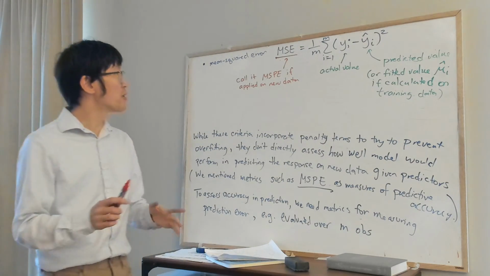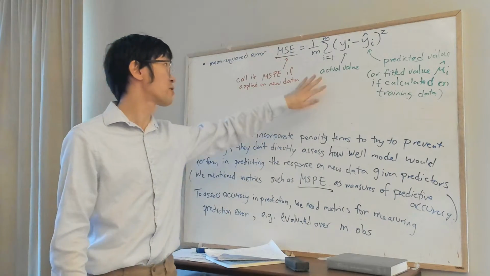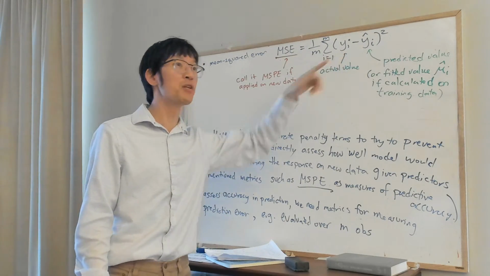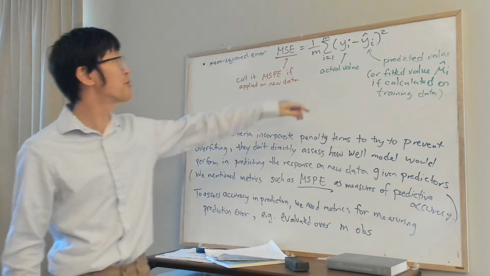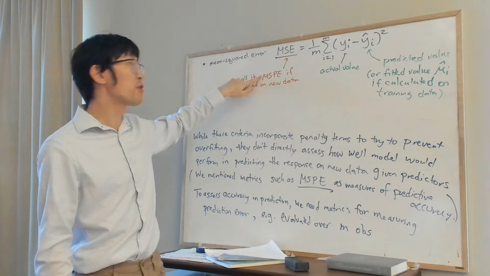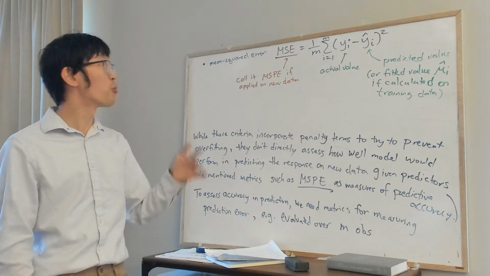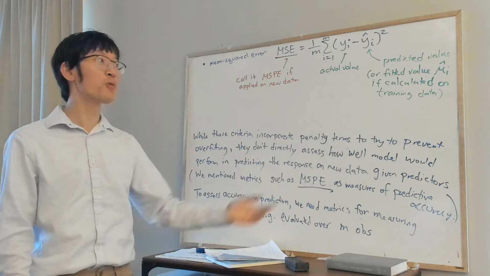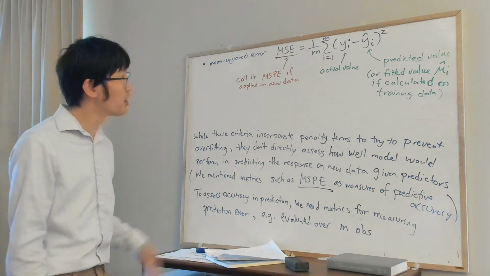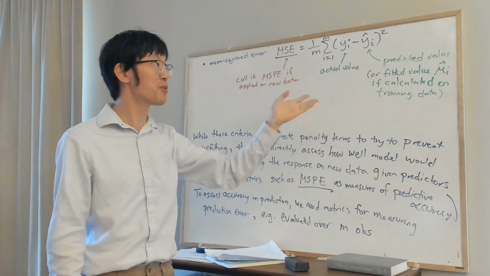Now, suppose someone gives you a batch of new data and asks us to predict yi, but doesn't tell us what yi is. Then we're going to predict them, and we won't be able to calculate MSP until eventually we get to see what the actual values were. For example, we're asked to forecast the price of stocks in the future.